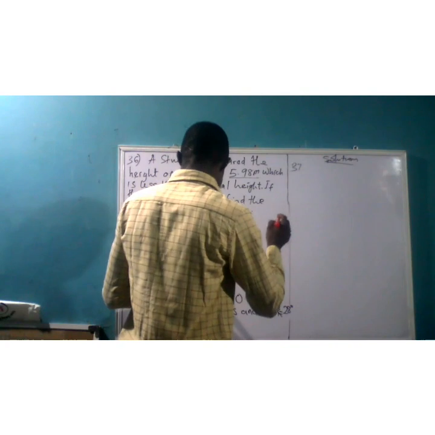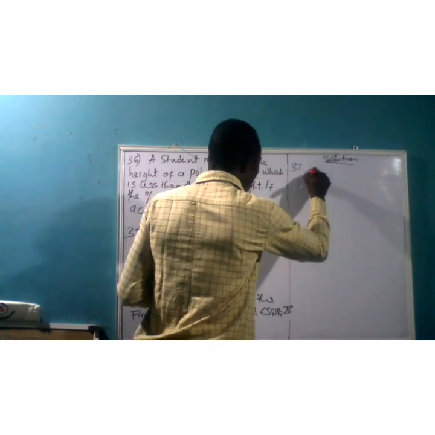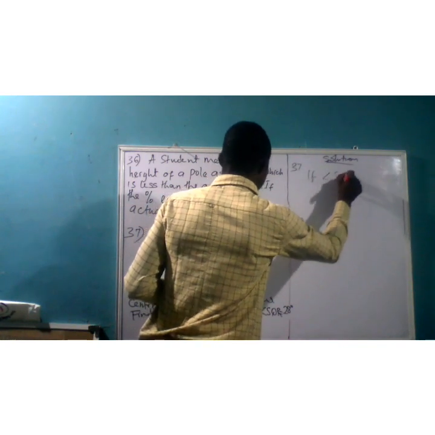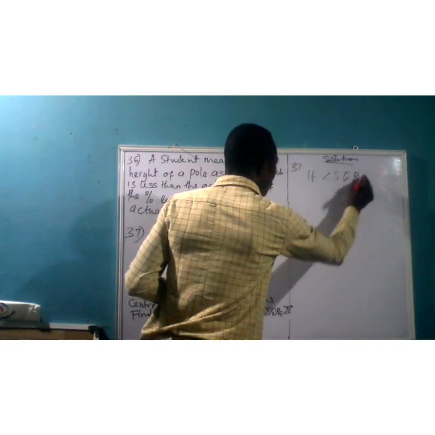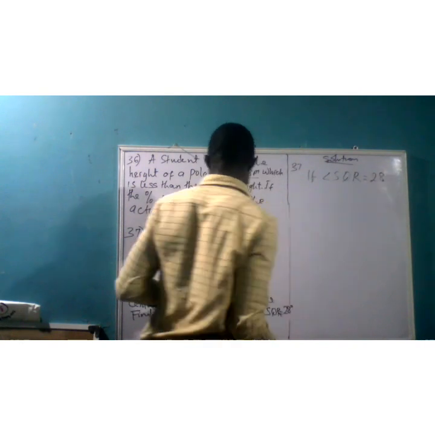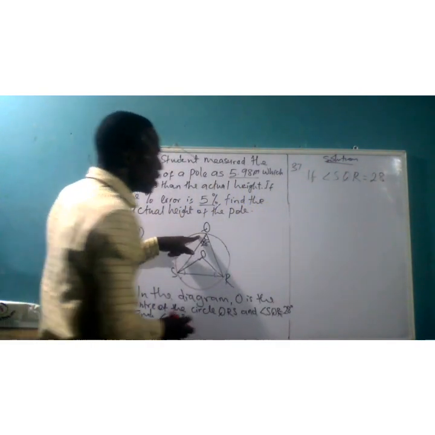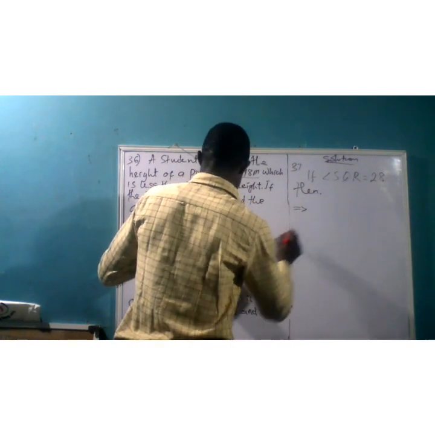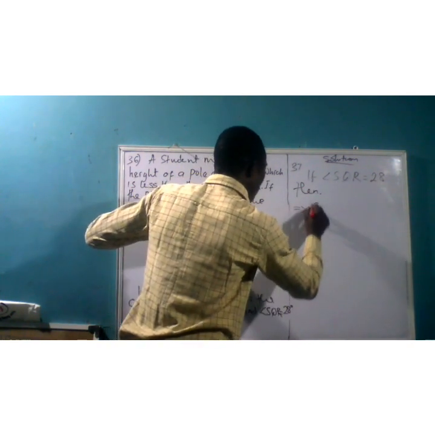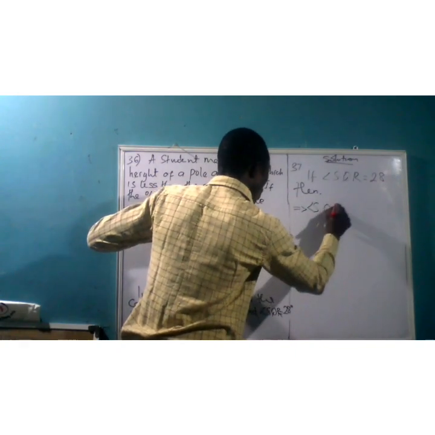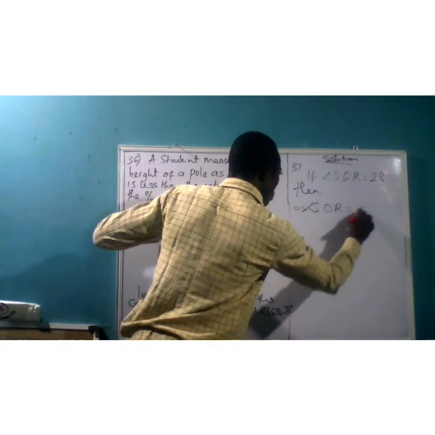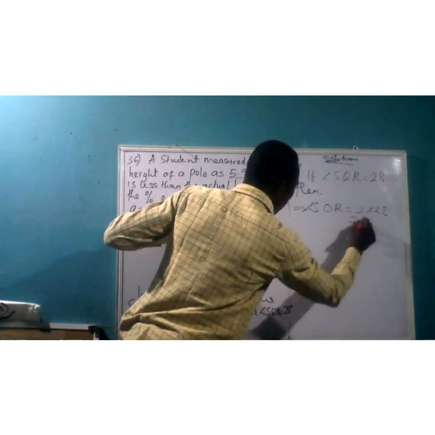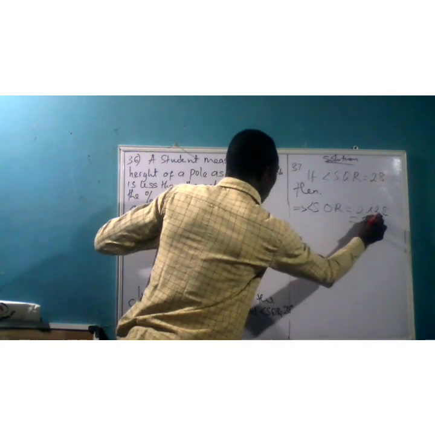With that, if we are given angle SQR at Q to be equal to 28, it implies that angle SOR at O will be equal to twice 28, that is 2 times 28, which will give us 56 degrees.